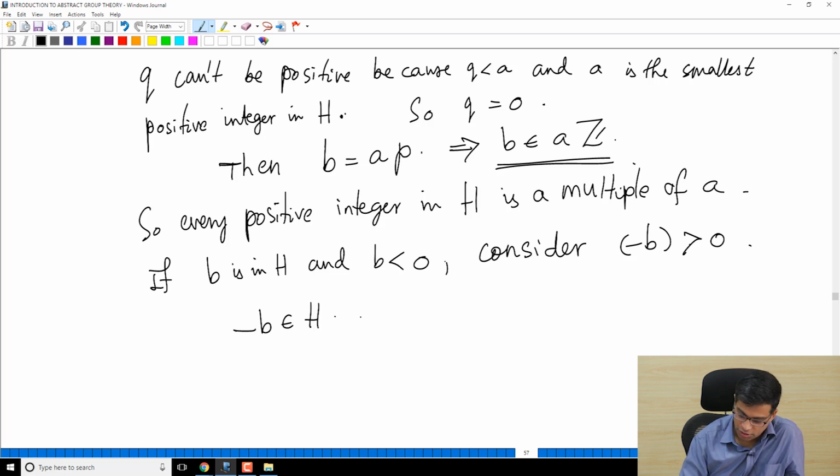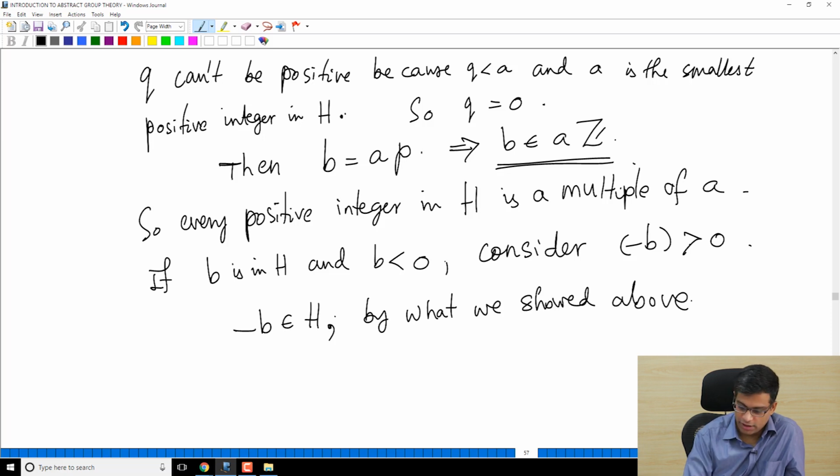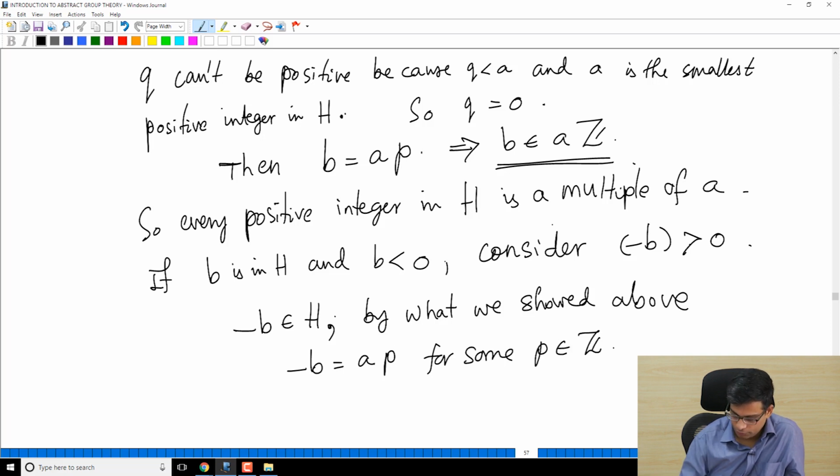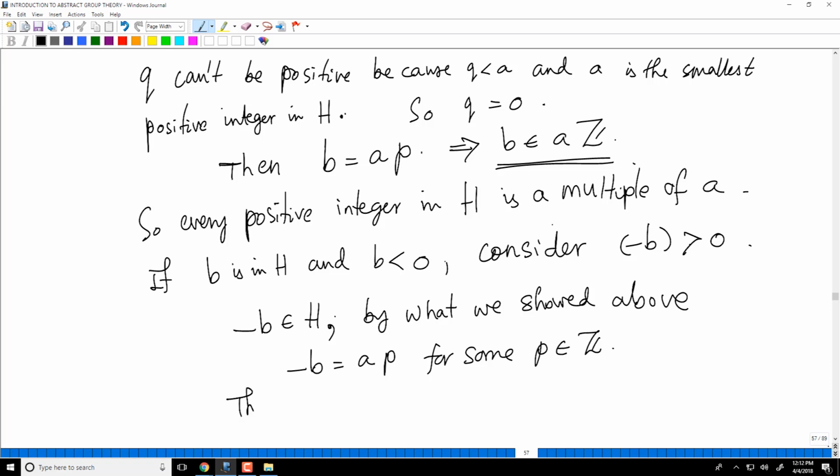By what we have already shown, which is that every positive integer in H is a multiple of A, minus b is a multiple of A, say A times p. But then b is A times minus p.